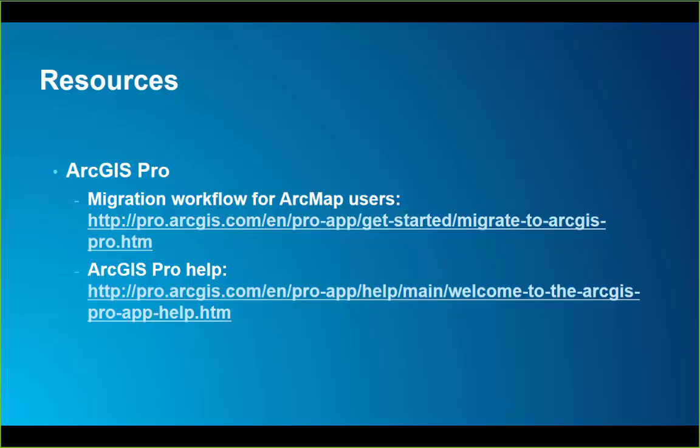And the second one is just a general help link to ArcGIS Pro and really is set up the exact same way as the help documentation for ArcMap, but it does still give you insight into how you would go about performing certain tasks. And it's separate from desktop as well, so you don't have to worry about confusing terminologies and workflows.